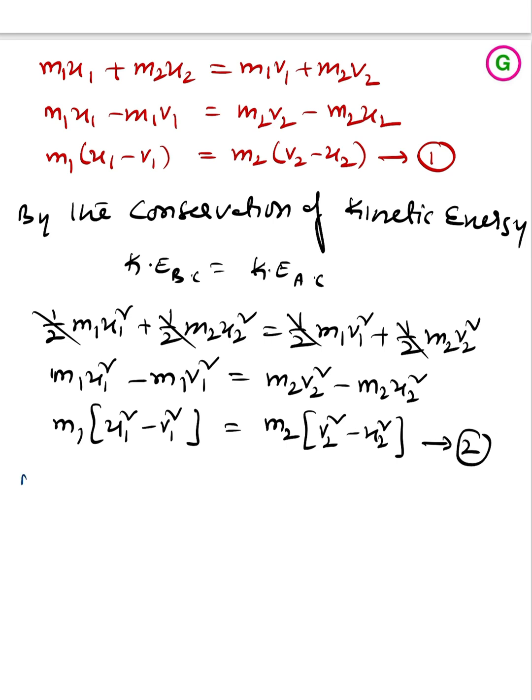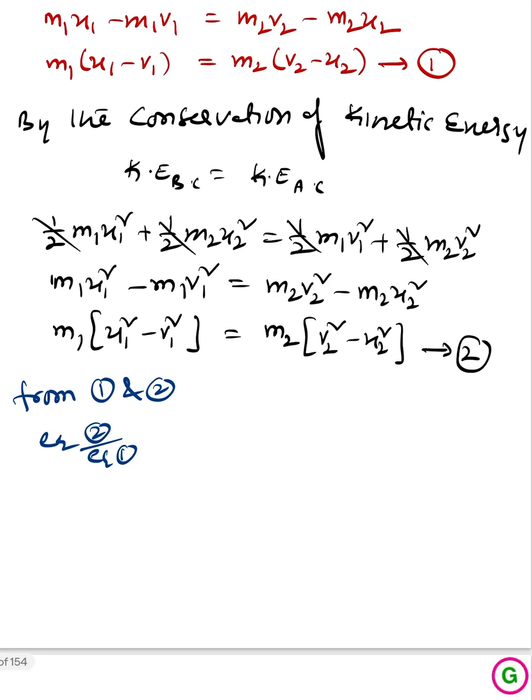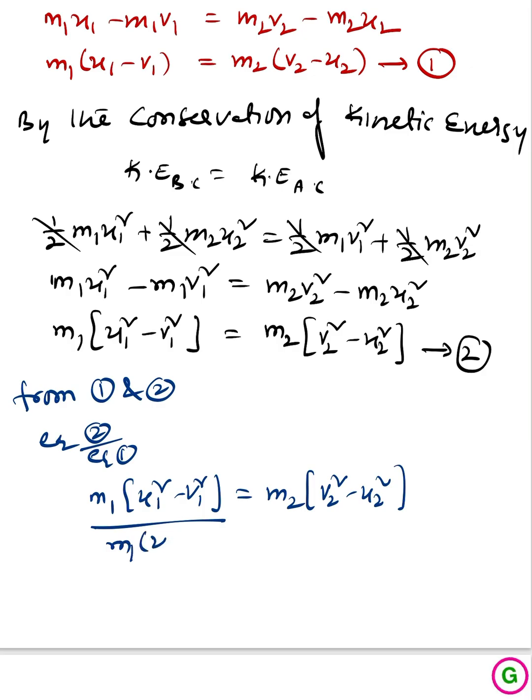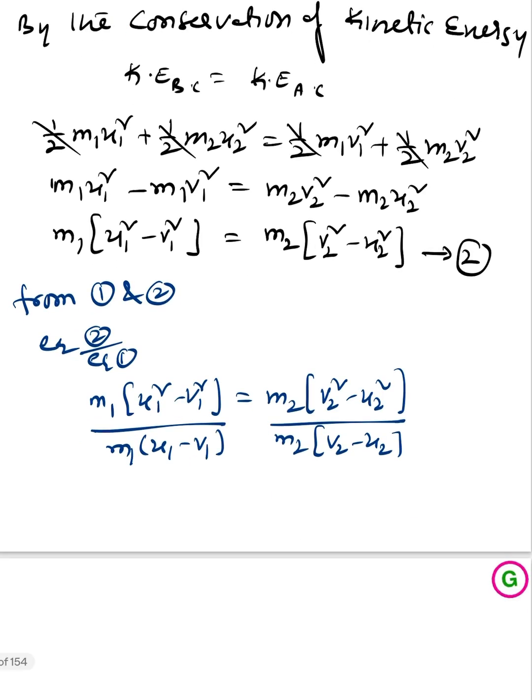From equations 1 and 2, divide equation 2 by equation 1. That gives m1 (u1 square minus v1 square) m2 (v2 square minus u2 square) divided by m1 (u1 minus v1) m2 (v2 minus u2). Here m1 and m2 cancel, and a square minus b square can be written as (a plus b)(a minus b).